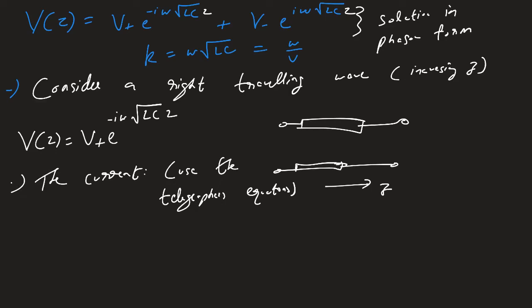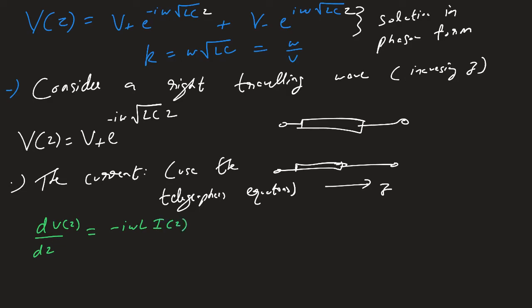Anyhow, so if you use the Telegrapher's equation, I'm sorry I didn't label them on the previous slide, but you can relate to this. So basically we'll just use the fact that d by dz of V of z is equal to minus i omega L I of z.